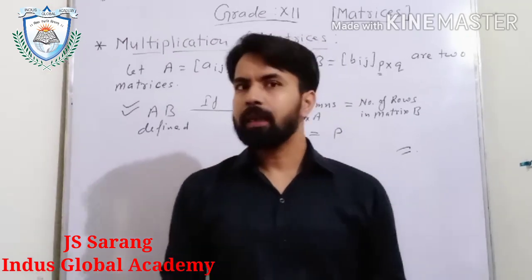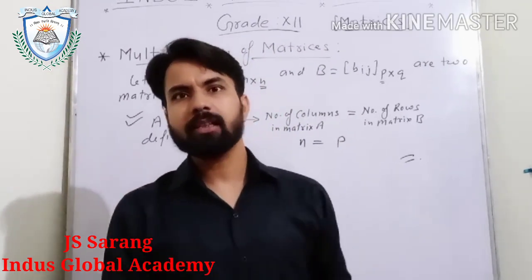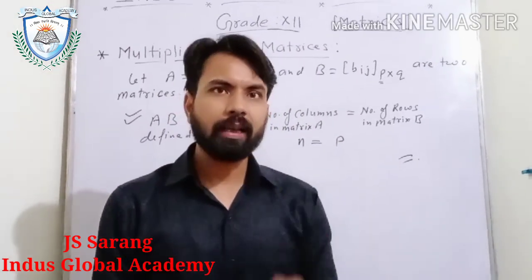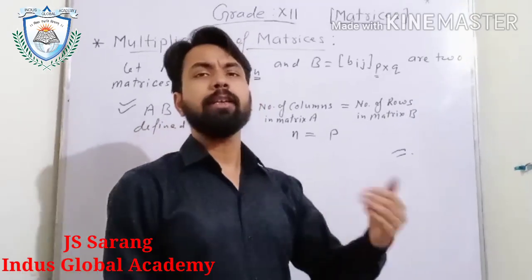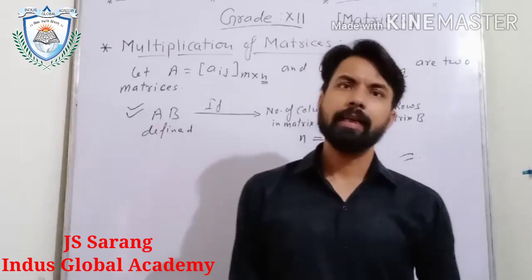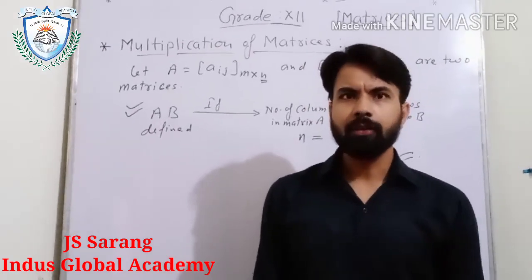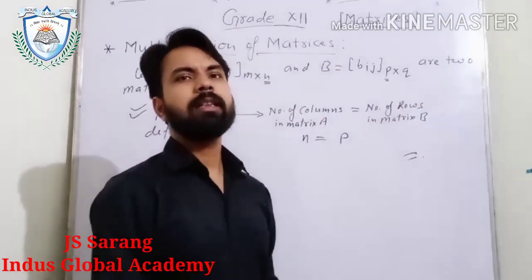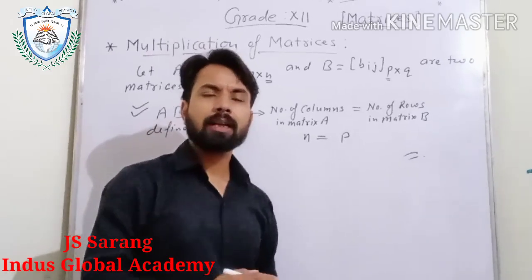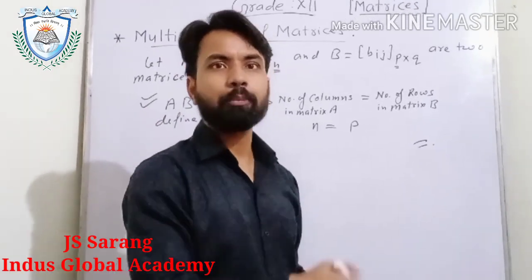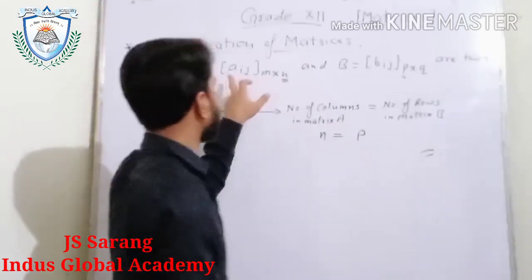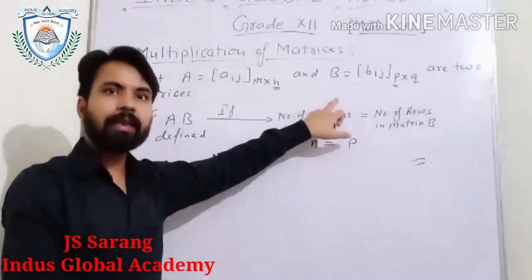So this is the necessary condition for multiplication of two matrices. The multiplication of matrices is possible whenever the number of columns in the first matrix is equal to the number of rows in the second matrix. Understood? Now, what will be the order of the resulting product? Whenever we multiply A and B, then we will get another matrix.